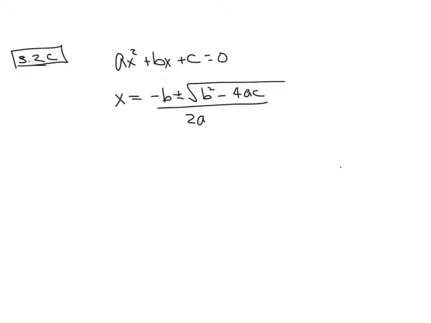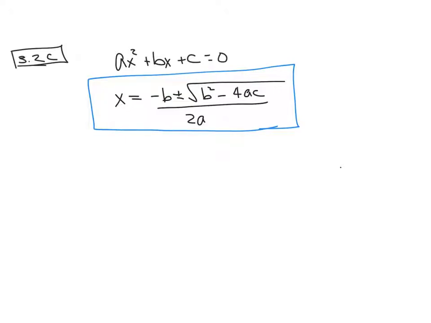It could cross at one place at the vertex, or it could not cross it at all. It could be completely off of it. So those are your three options for where your parabola crosses, and you can get a lot of information from just this equation, not even solving it, in order to determine what this parabola is going to look like.